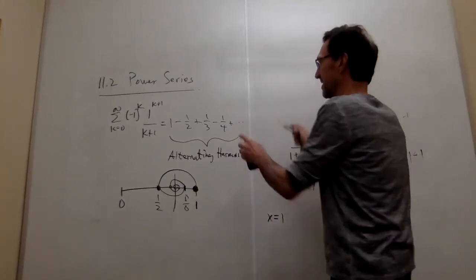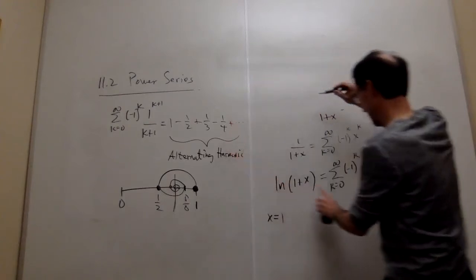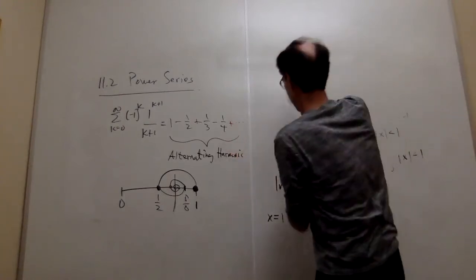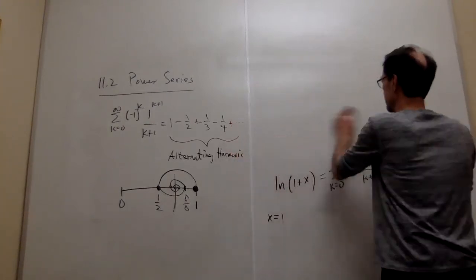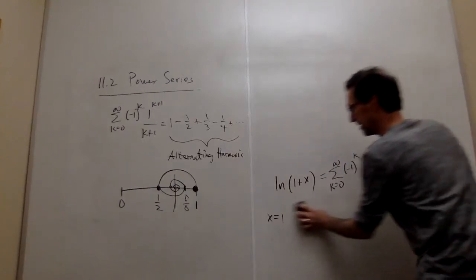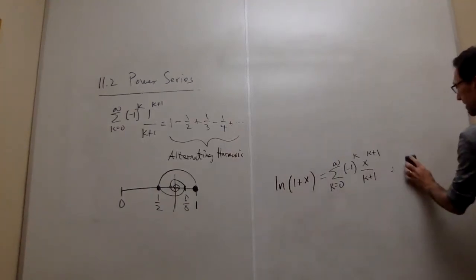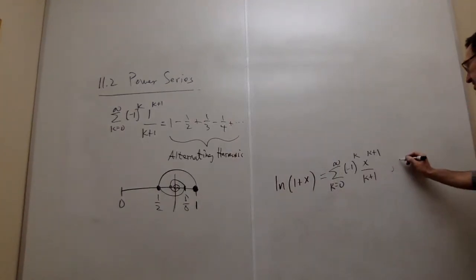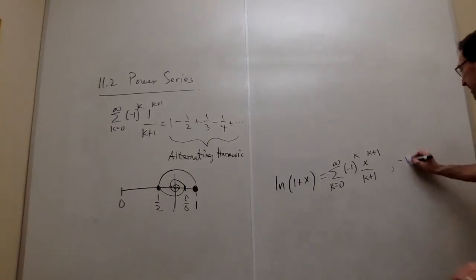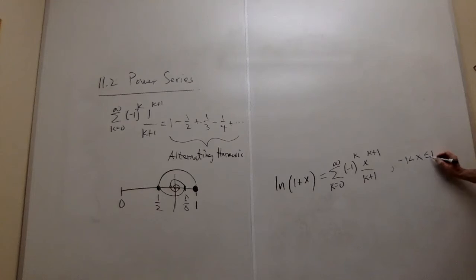So here's what we have. We just use it right where it's written. We now know that this converges inside -1 and all the way up to including +1.